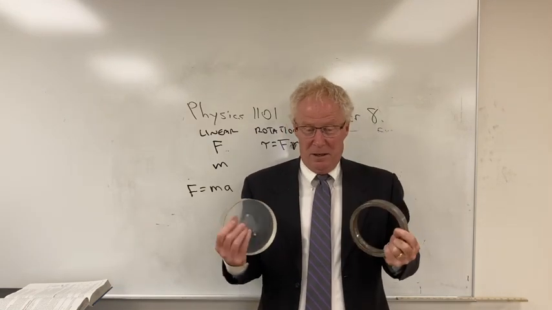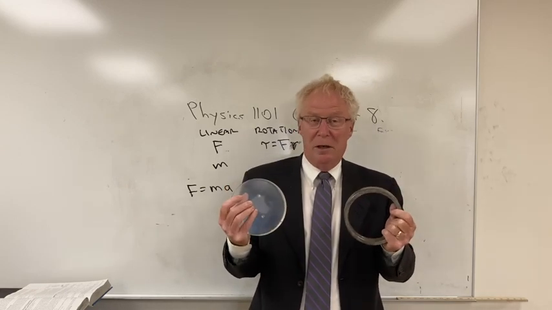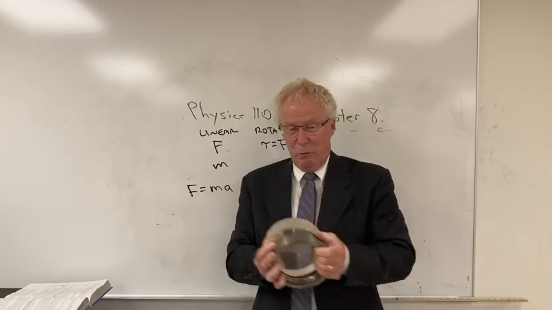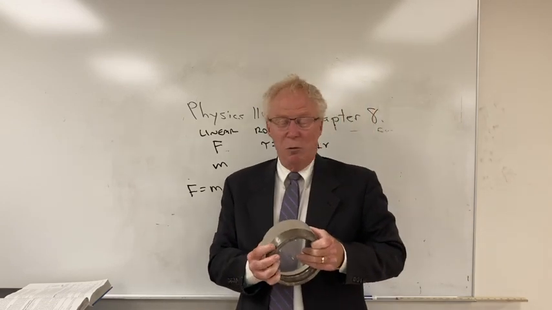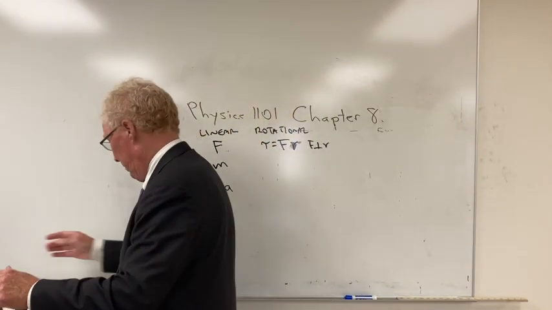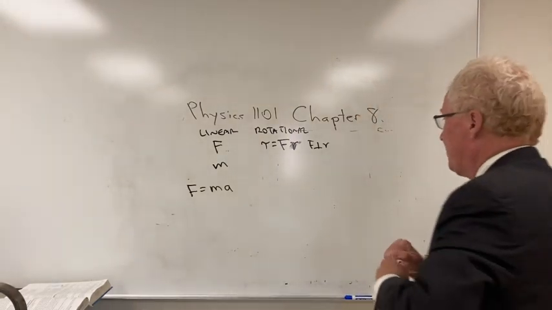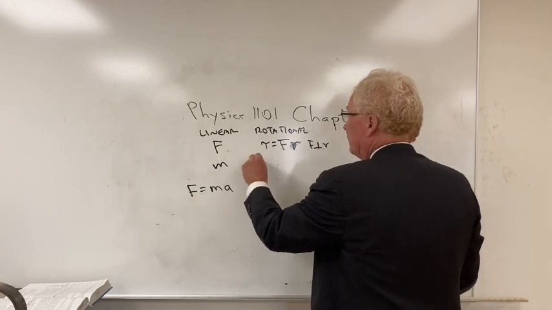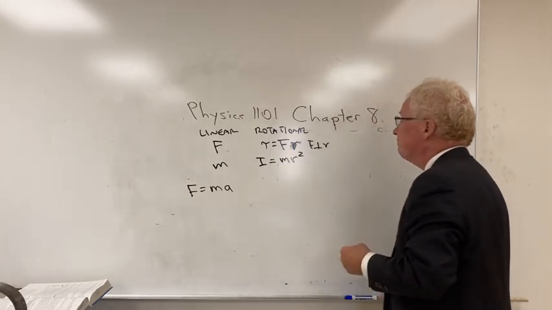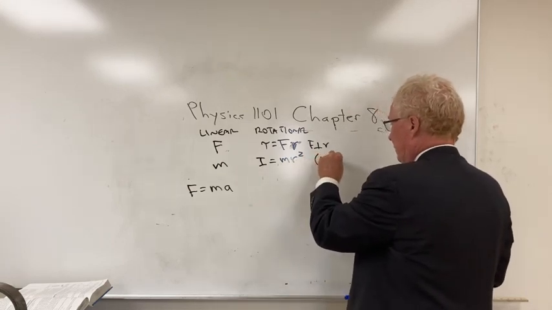On chapter 8, there's a link to a YouTube video comparing what happens to the rotation of a disc and a ring rolling down a ramp. I'll leave that for you to watch. I'll do another demonstration later on this. But what we have here is this concept of moment of inertia. We use the letter I, and it's given by mr squared in general terms. So this is called moment of inertia.